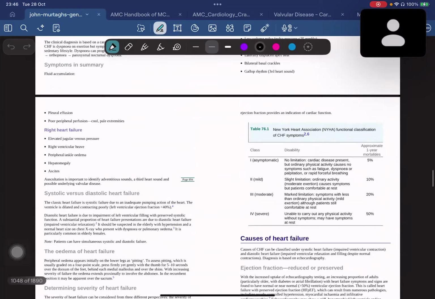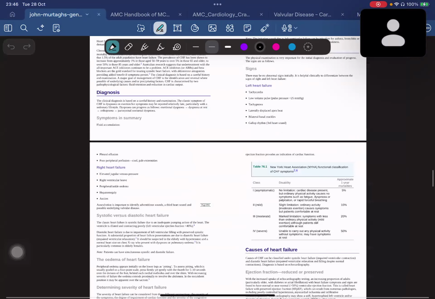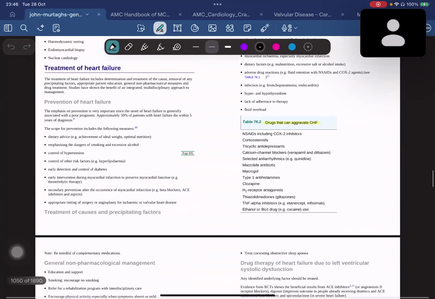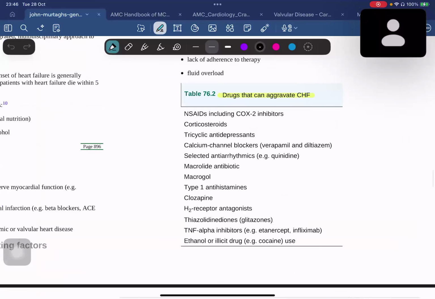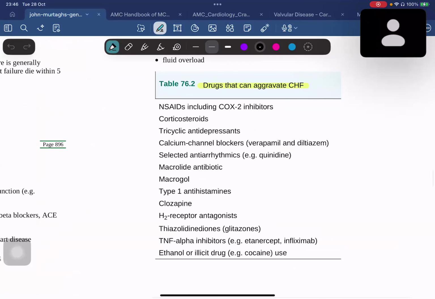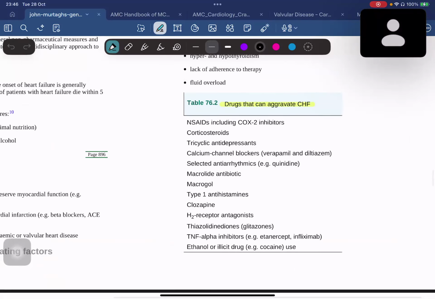Very rarely you'll find classifications asked, but there are places where classifications are asked. But this was an important part: drugs that can aggravate chronic heart failure, including COX-2 inhibitors, corticosteroids, tricyclic antidepressants, and calcium channel blockers. Just read through all these things or take a screenshot if you think it's valuable for you.